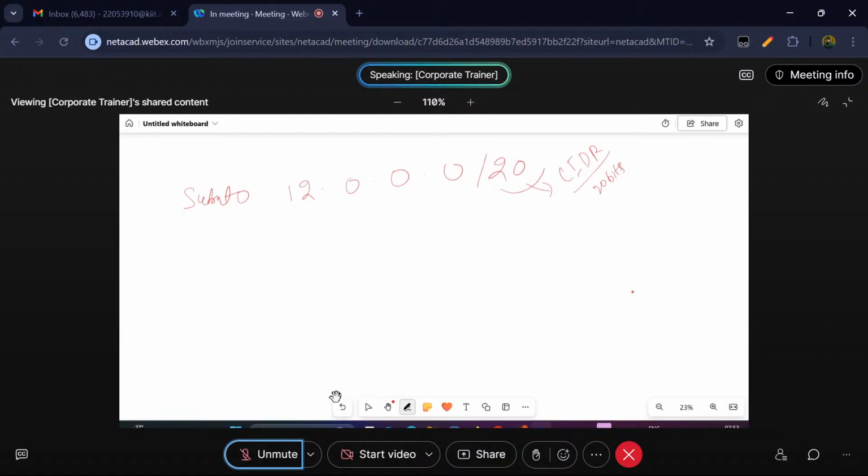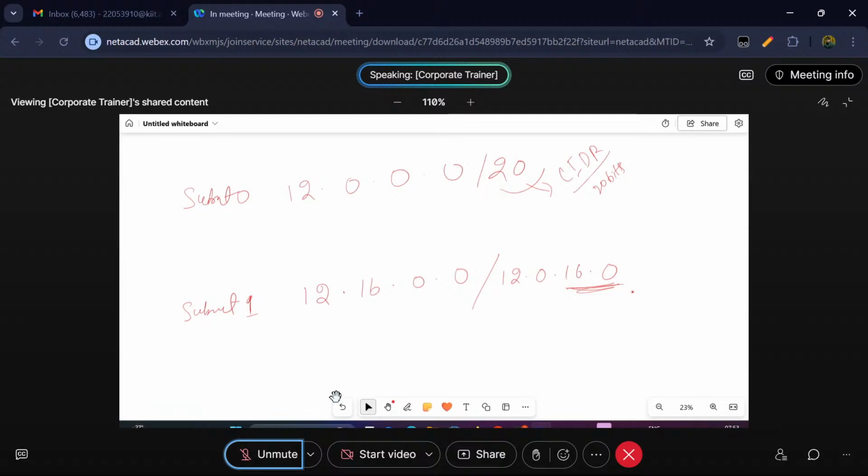Let it be subnet 1. If I write the IP in subnet 1, 12 dot, just think of it, if I write 16.0.0, or some people are saying it should be 12.0.16.0, right? That is your question, right?